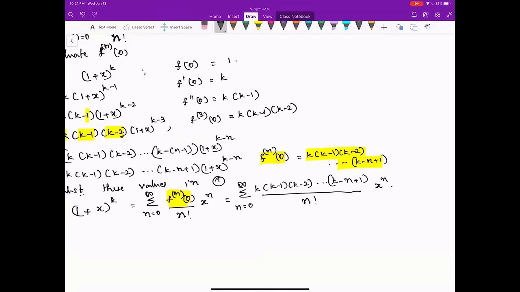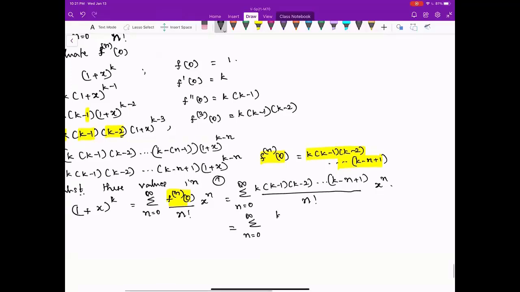So this big representation we write as sigma n varying from 0 through infinity, k chosen n, x to the power n. This is the notation we use. This notation is a combination of n things out of k things.